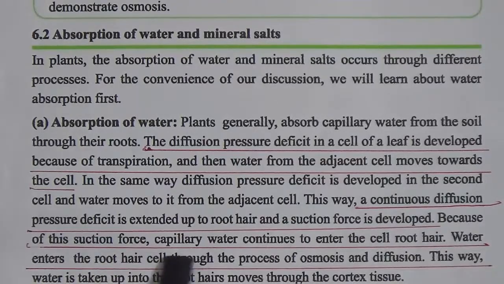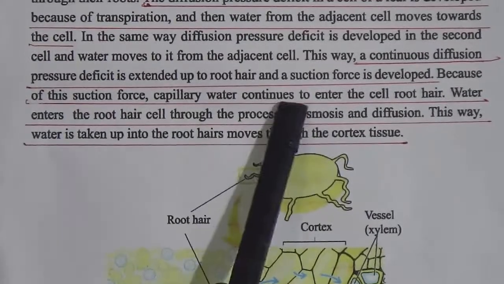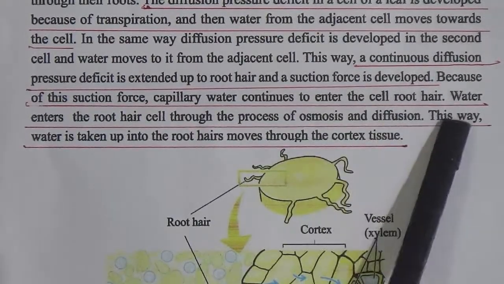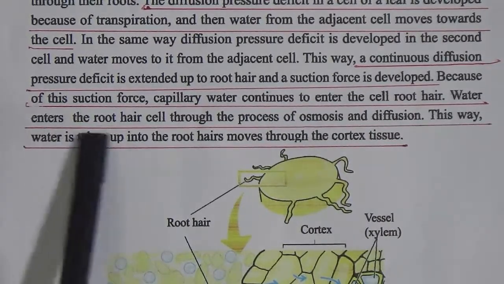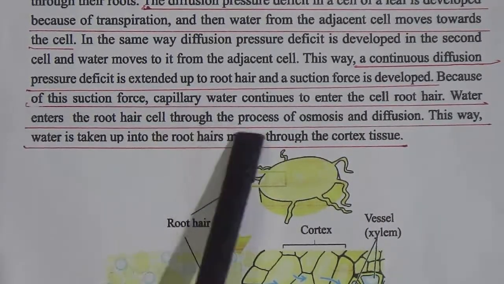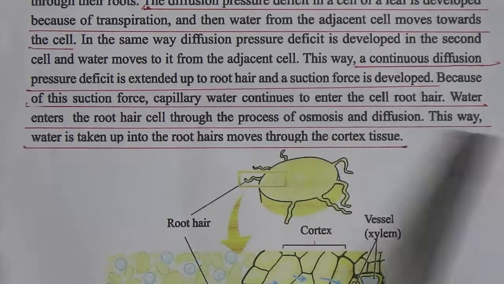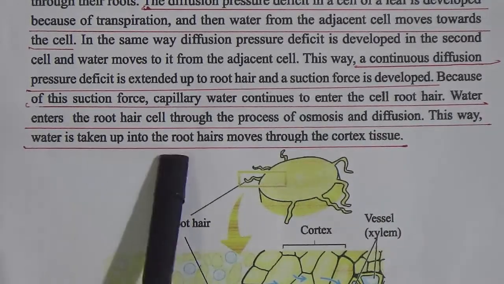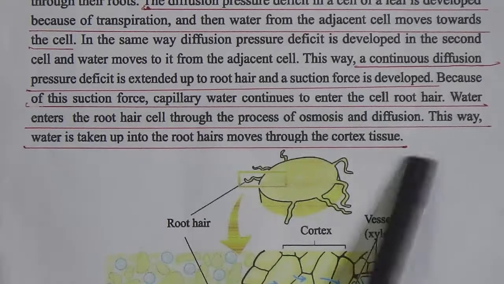Because of this suction force, capillary water continues to enter the cell of the root hair. Water enters the root hair cell through the process of osmosis and diffusion. This way, water is taken up by the root hairs and moves through the cortex tissue.